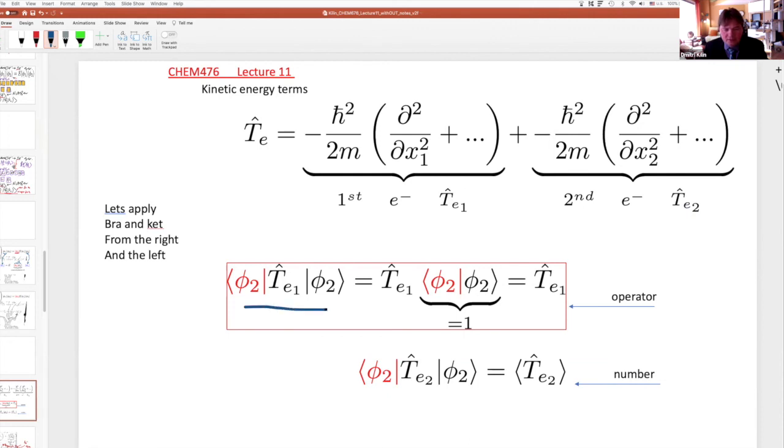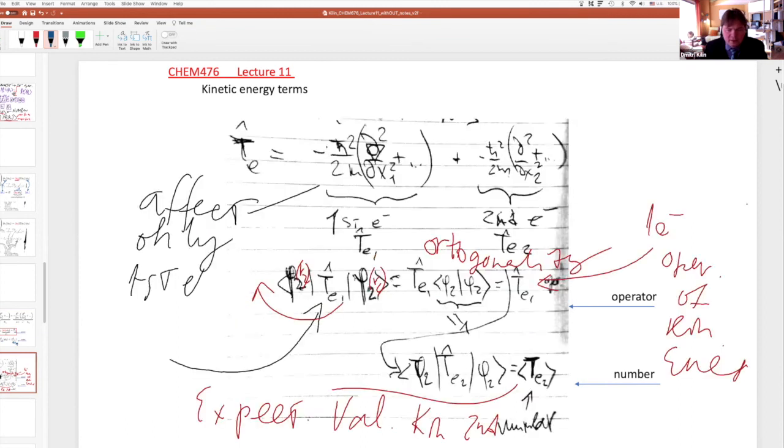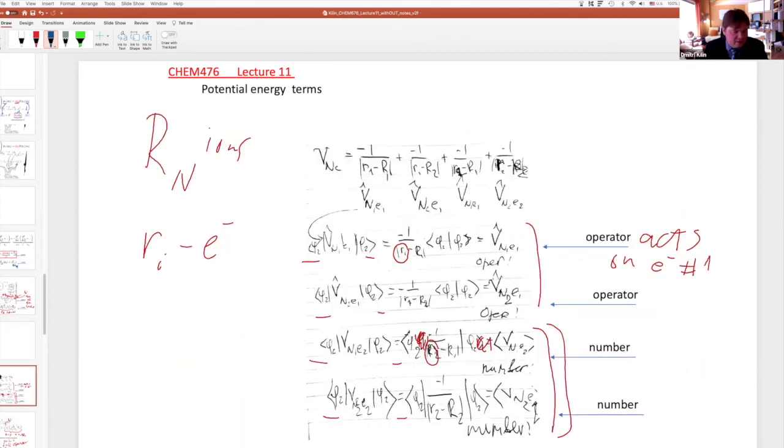So the reduced operator of kinetic energy applied to electron 1 will be the same as the operator for electron number 1. If you apply it to electron number 2, it will be an expectation value for electron number 2. Then I practice the partial averaging on the nuclear-electron attraction.